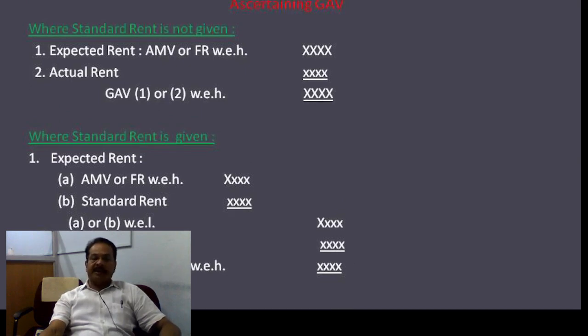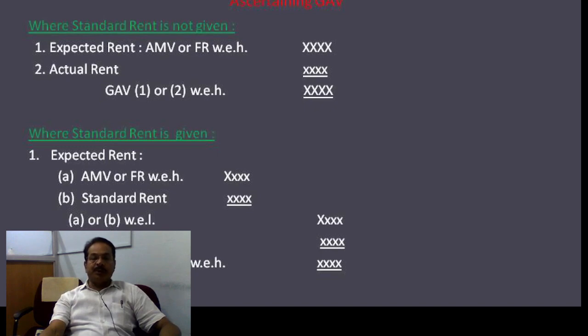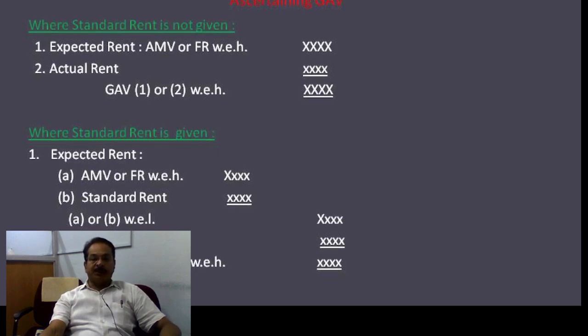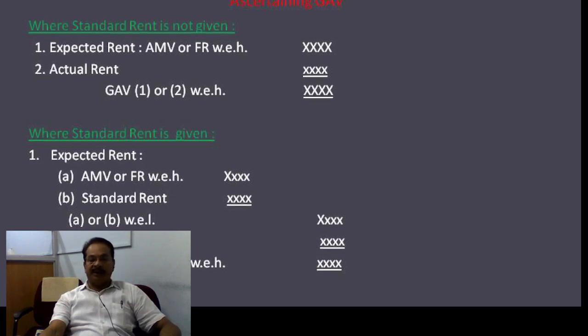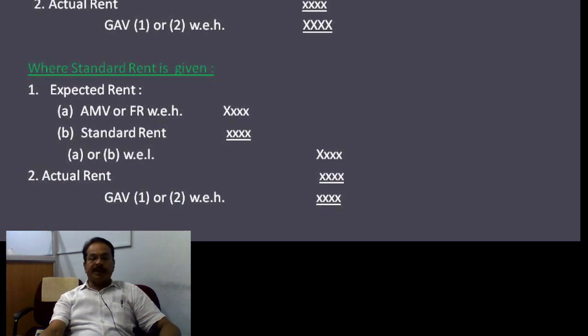B, standard rent. These two are to be compared and the lowest of these two is to be taken. So A or B, whichever is less, not higher, whichever is less. And this is to be compared with actual rent. Annual value or fair rent, whichever is higher, and standard rent, whichever is less.